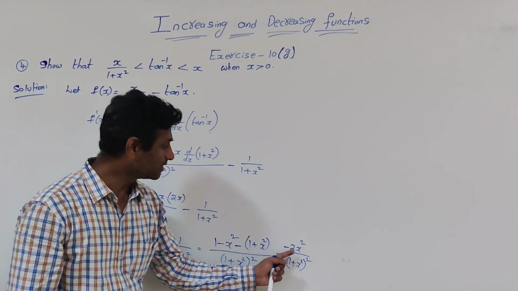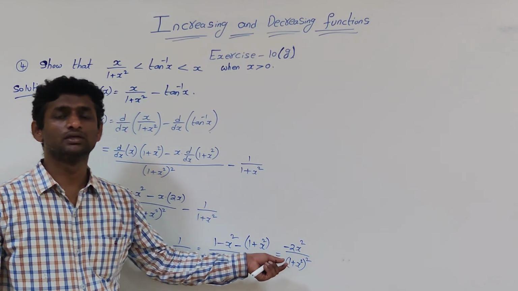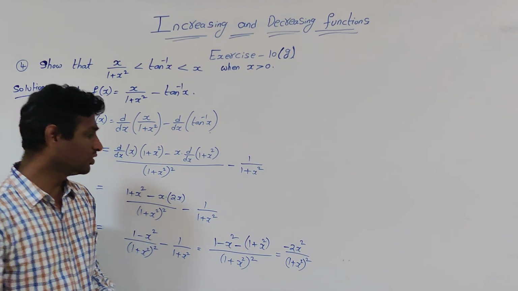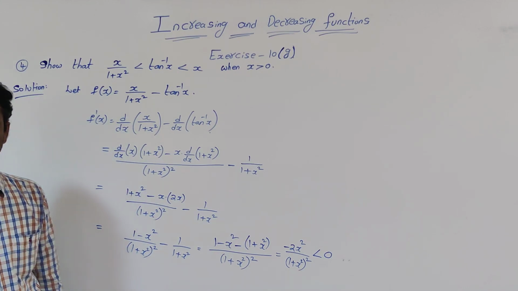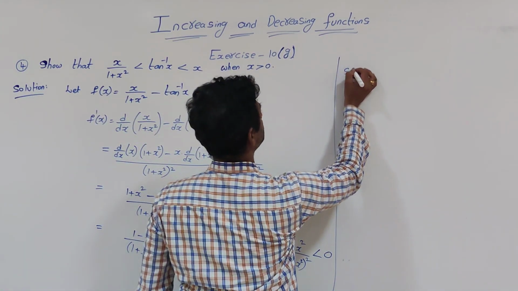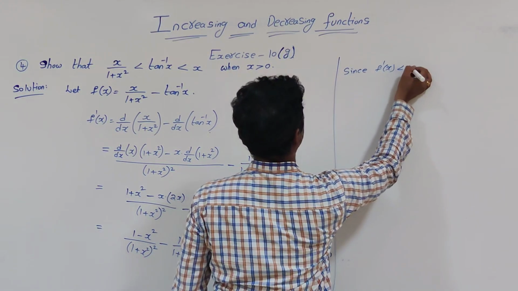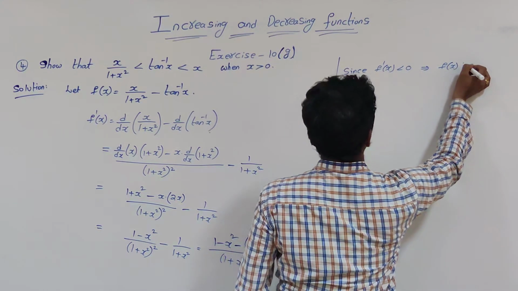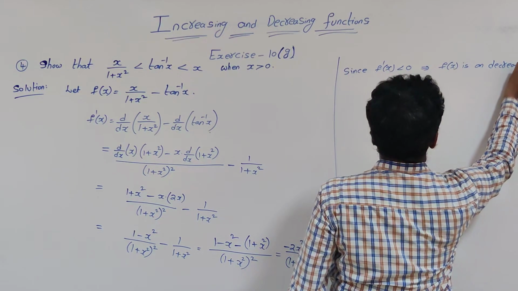If I choose 1, minus 2 into 1 by 1 plus 1 whole square gives a negative value. So what we can conclude is, since f dash of x is less than 0, f of x is a decreasing function.